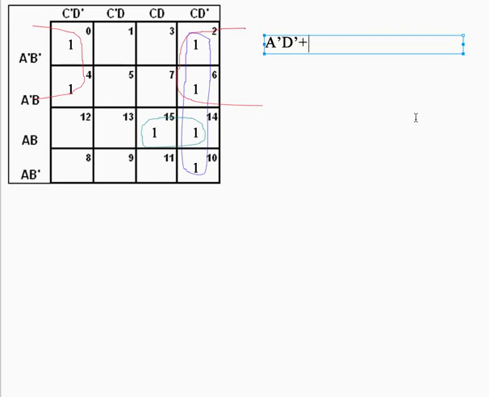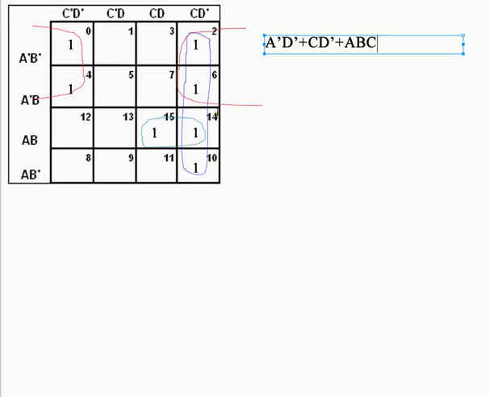And then the purple term is going to be C D naught, and the last term, the green one, is going to be the intersection of the strip AB, okay, and these two strips, the vertical ones, that correspond to C, okay? So I'm going to have A, B, C. So that is the expression that comes out from the Carnot map for all this function.